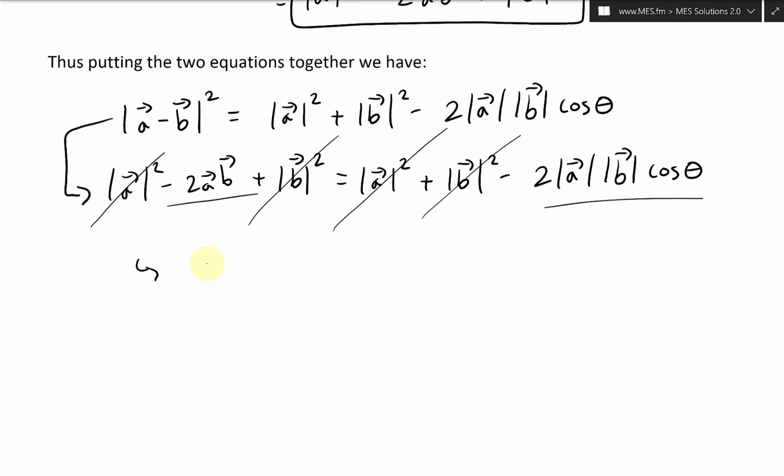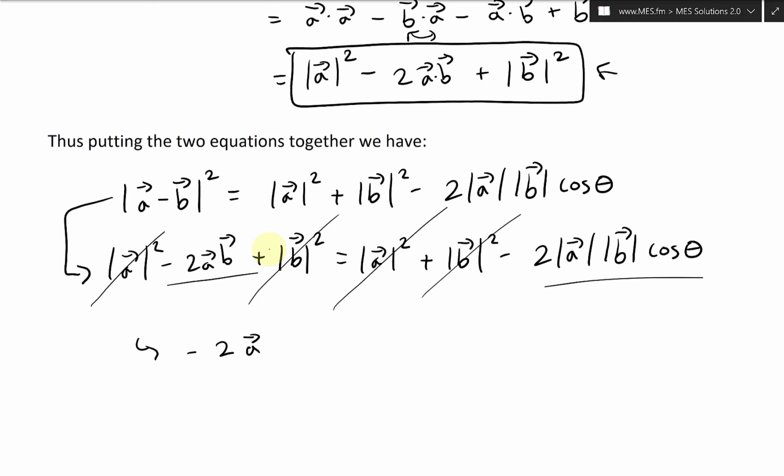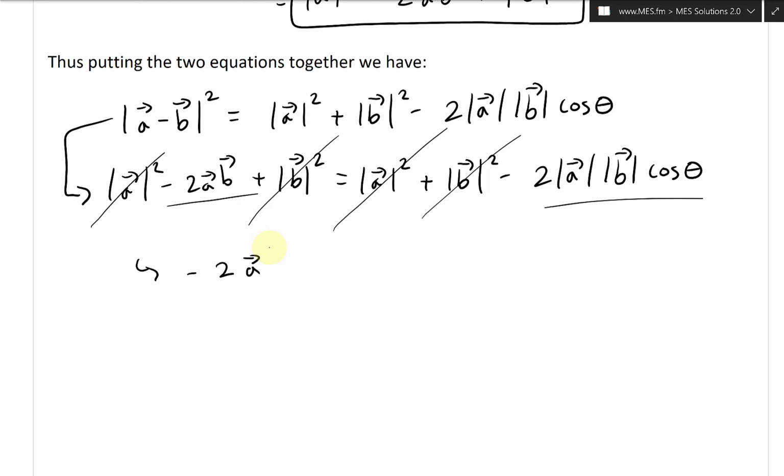And what we're left with is this and this. So in other words, we get negative 2 A dot B, there's a dot product there, equals negative 2 times the magnitude of A, magnitude of B, cosine theta, like that.